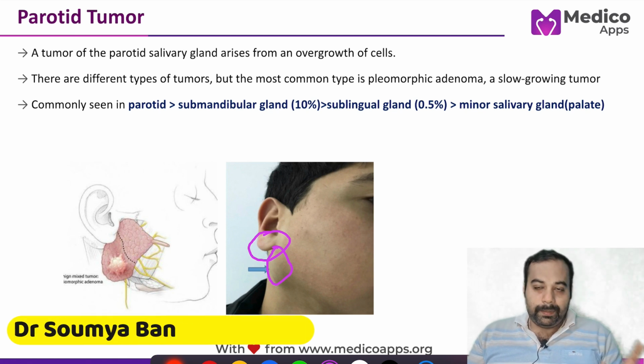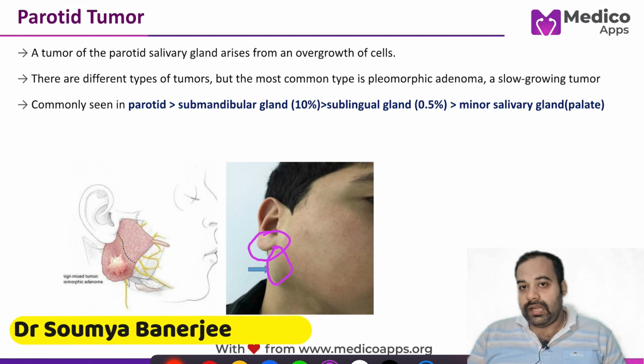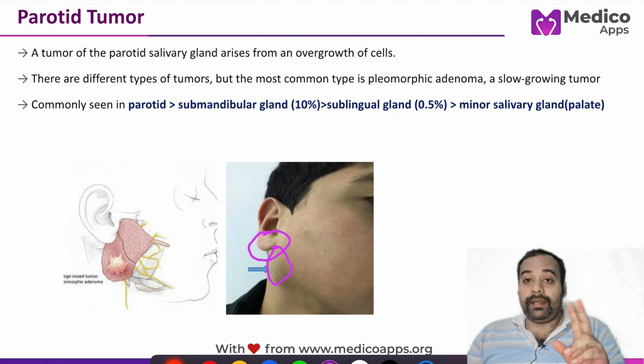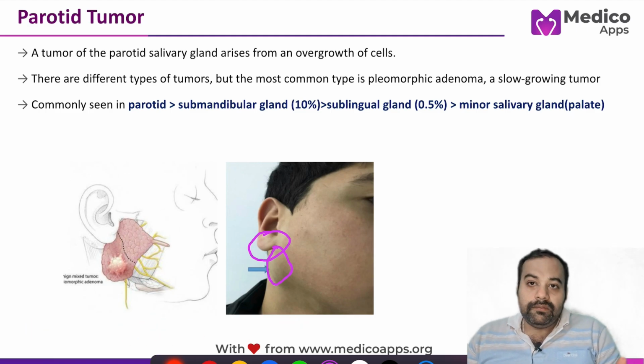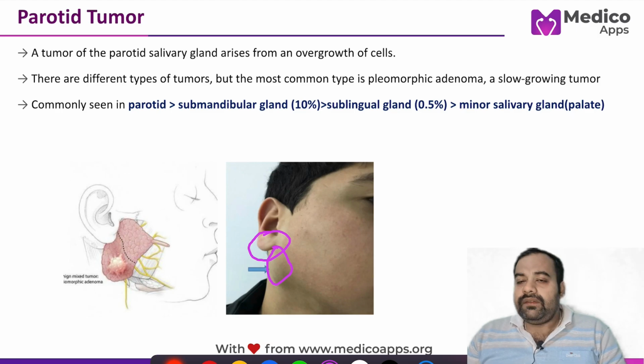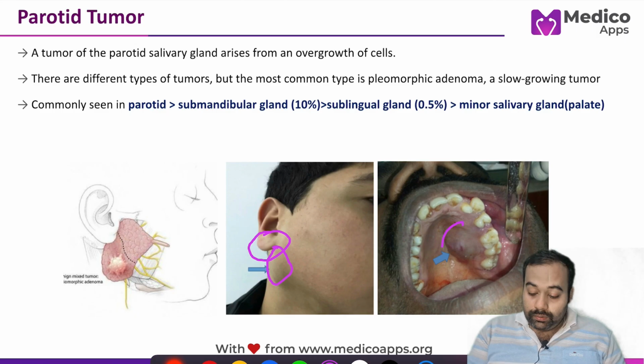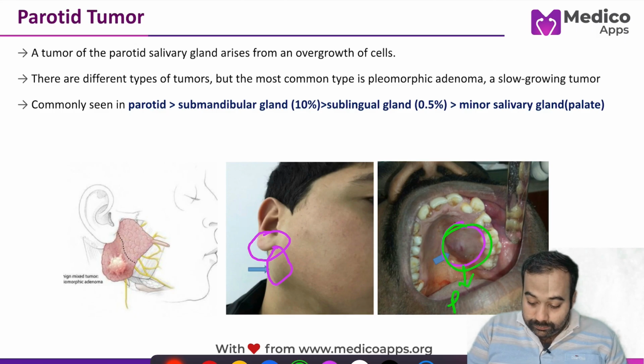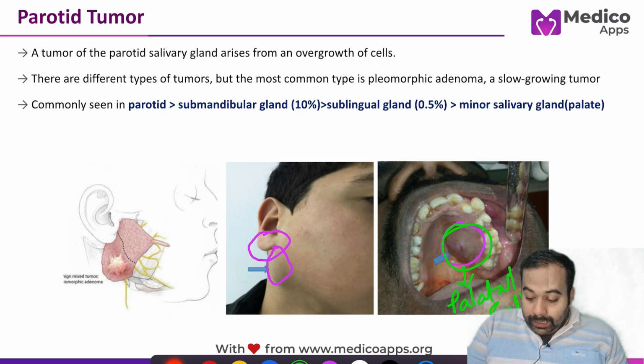The most common place for pleomorphic adenoma to develop is the parotid gland, followed by the submandibular, followed by the sublingual, and very few examples are seen with the minor salivary glands located in the oral cavity, in the palatal region. You can see that in this image; this is a palatal salivary gland tumor.